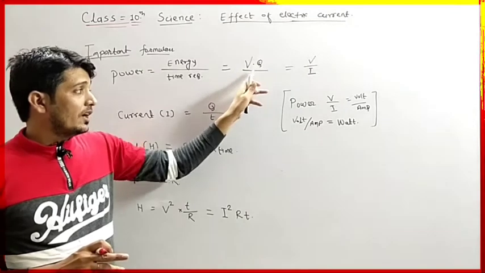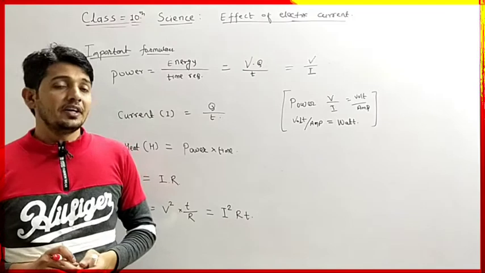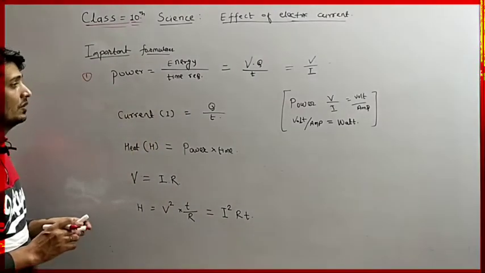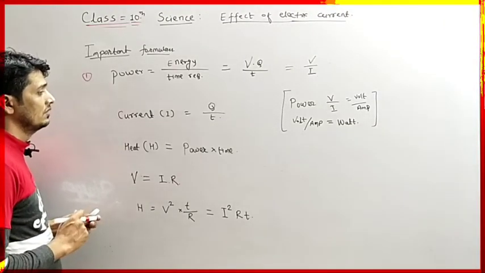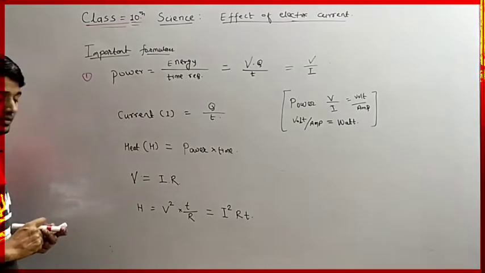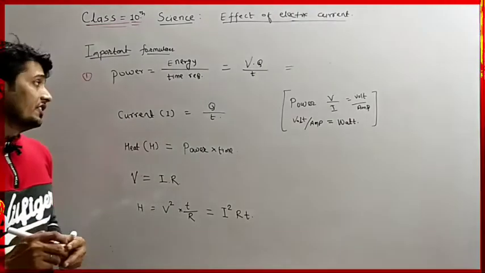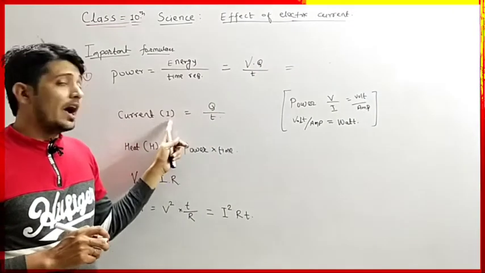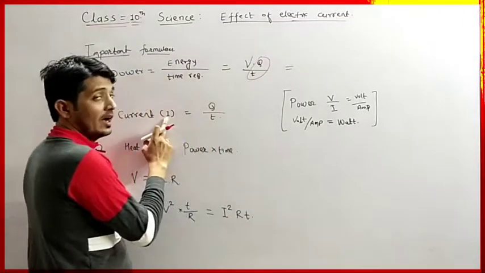So instead of that we can write here V divided by I, which is potential difference divided by current, for power. Okay, now since here Q divided by T is I, so instead of Q divided by T we can write I over here.